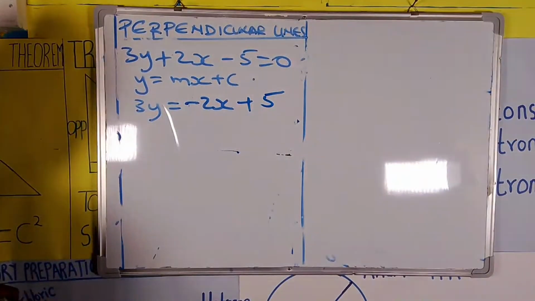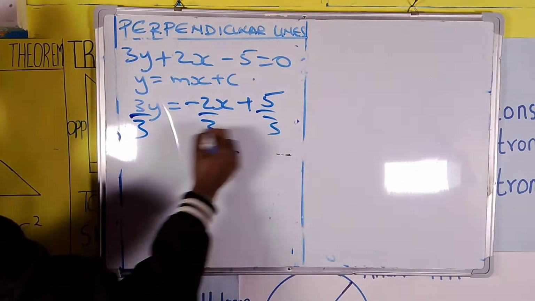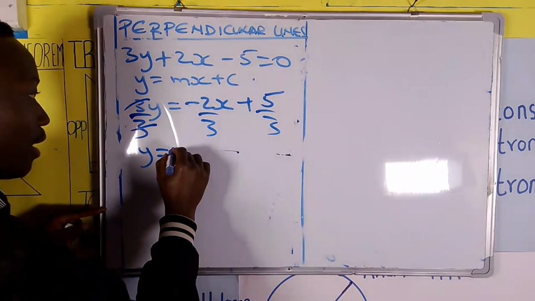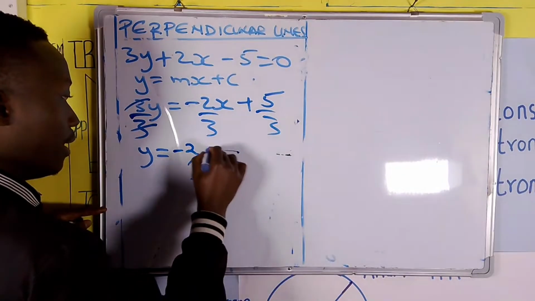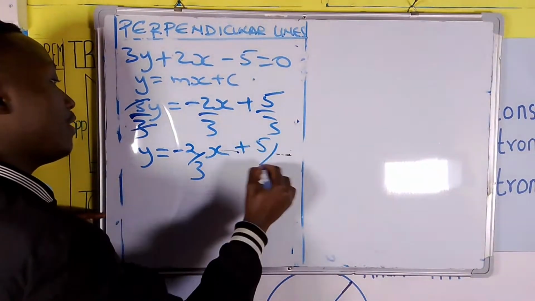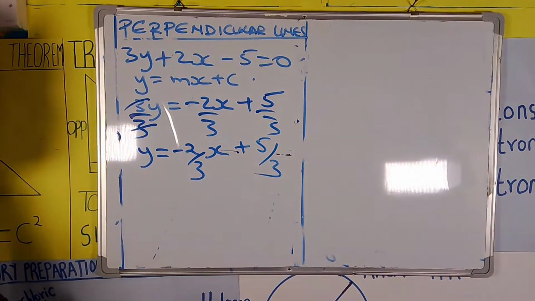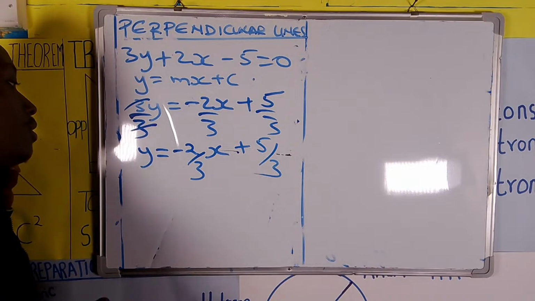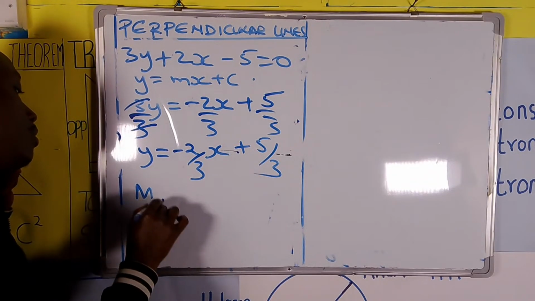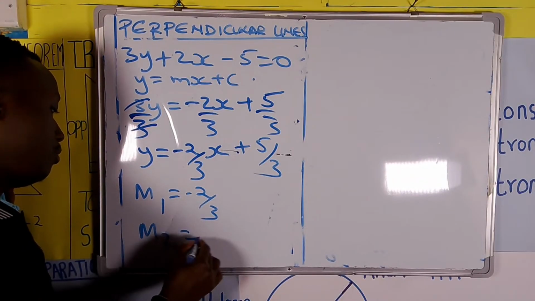Once we get that, we can divide both sides by 3 so that we are left with the coefficient of y as 1, and get y equals negative 2 over 3x plus 5 over 3. So here you can conclude that m1 is negative 2 over 3. Can you determine m2?